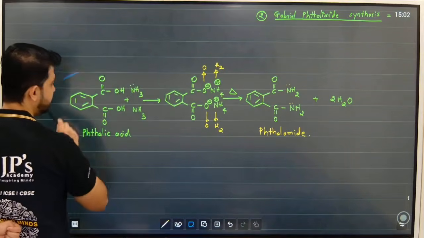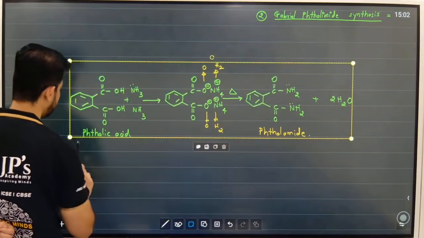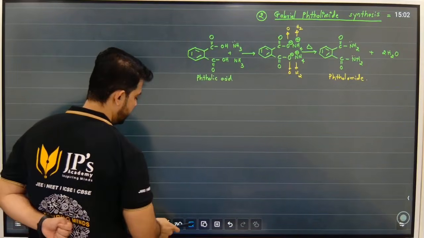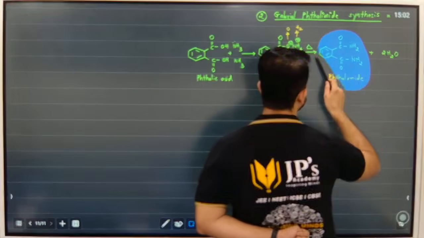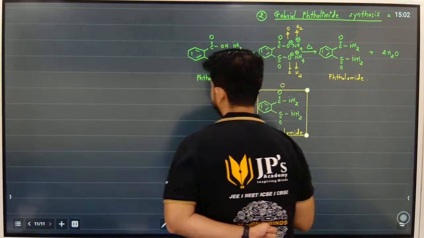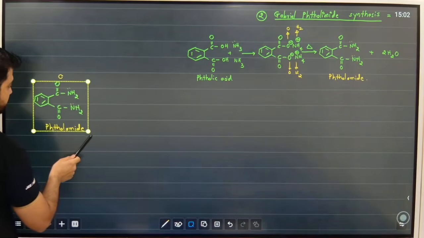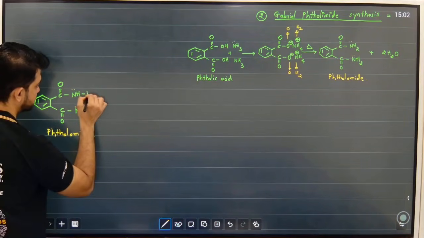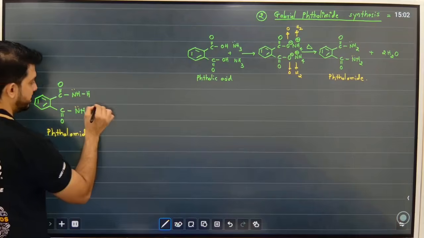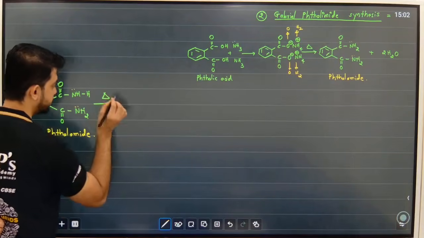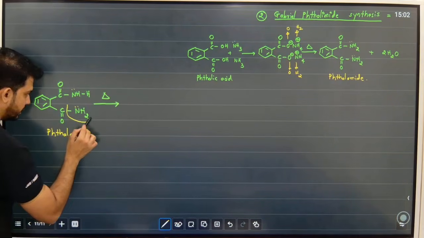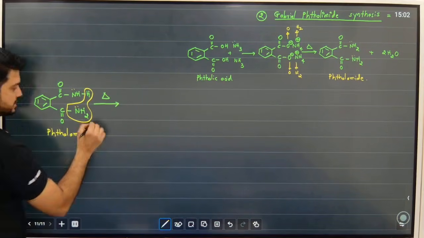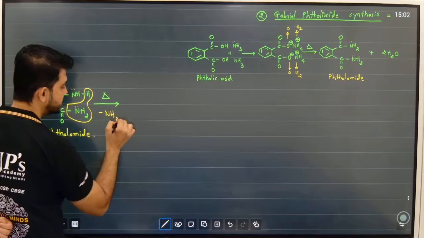Now students, ये phthalimide को if I further heat, ये देखिए students, I have written the same phthalimide. If I further heat this, so आप इसको बाहर निकालिए, ये आपने NH3 बाहर निकाला on further heating this.